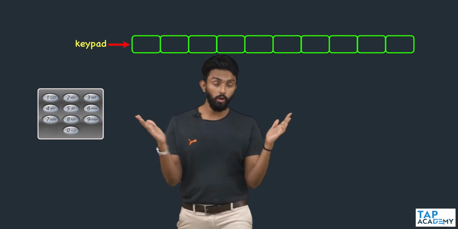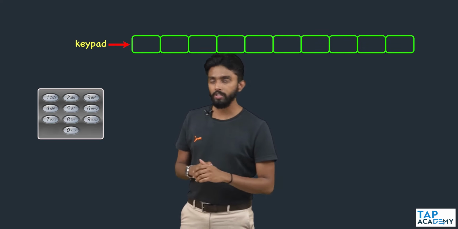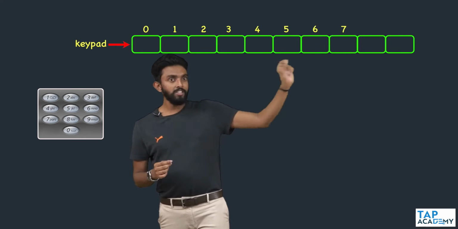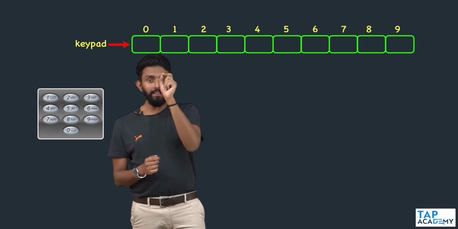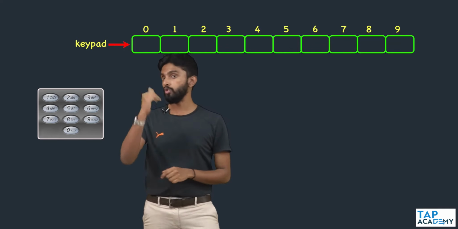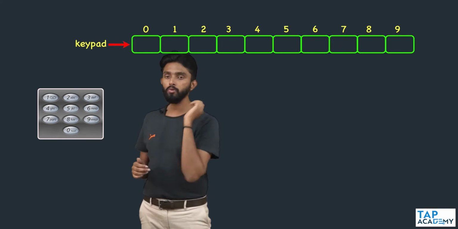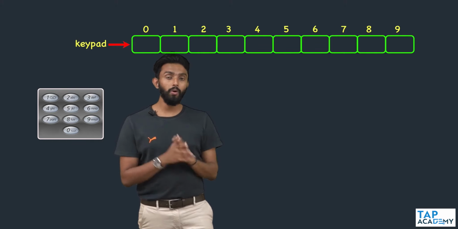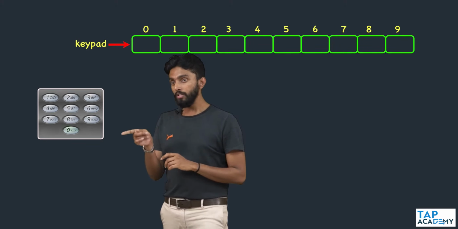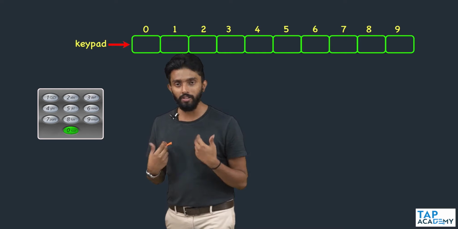Okay, great. What are you going to do next? These are the indexes of the array. The index corresponds to the key. So 0 means 0 key, 1 index means first key, like that. Now, 0 really doesn't give us anything, right?